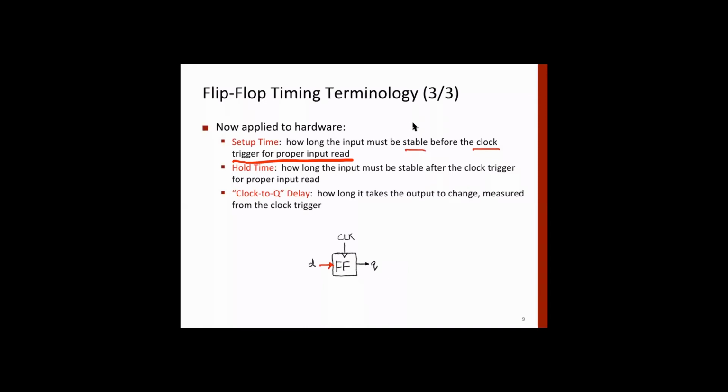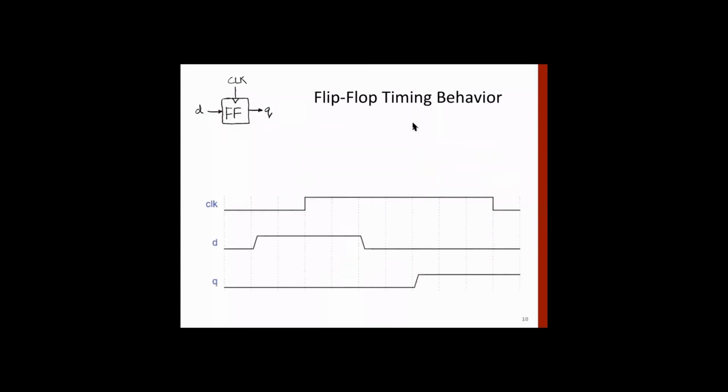Then from the leading clock edge, after some time the output is available. The value of D is available at the output. We call this clock to Q delay. So basically 3 times: setup time, hold time, and clock to Q delay. It's represented here. So this is the clock.